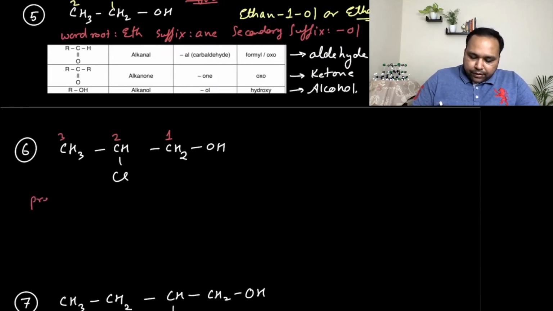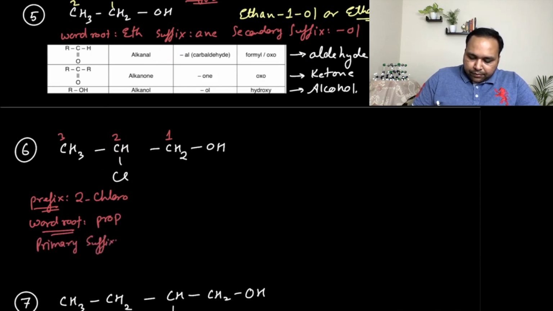You have a prefix. Prefix is the substituent group. Chloro here, it's placed at 2, you call it 2-chloro. Then you have word root. Word root for 3 carbon atoms becomes prop. You have primary suffix. The primary suffix is ane because there are only single bonds between all the carbon atoms.